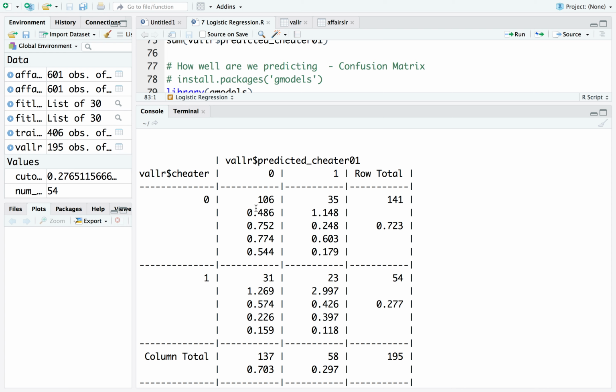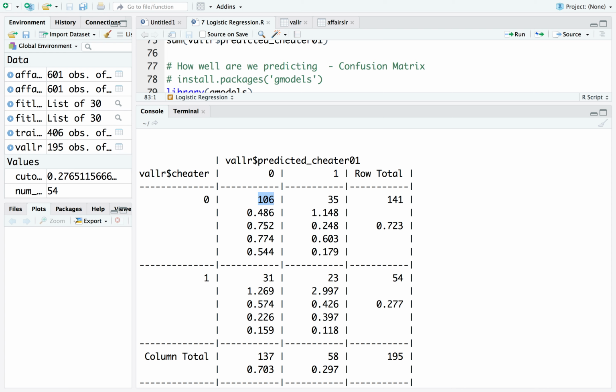So my accuracy is going to be along this diagonal. This is how I have it set up. So for the zeros, how many non-cheaters do I have? 141. My model accurately predicted 106 of the non-cheaters.